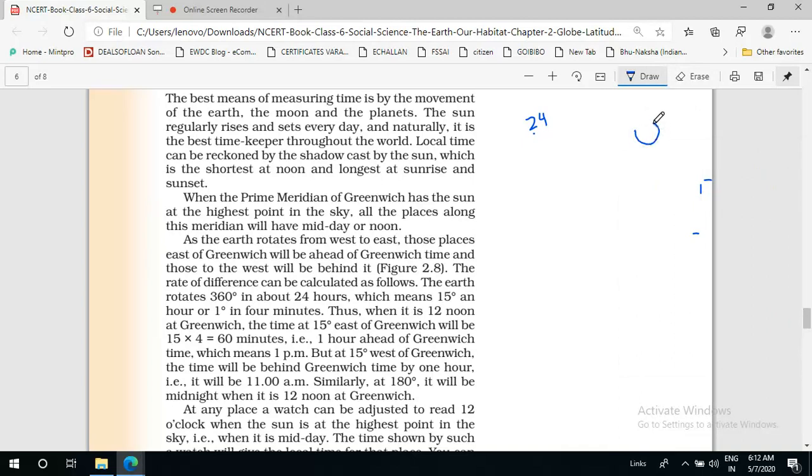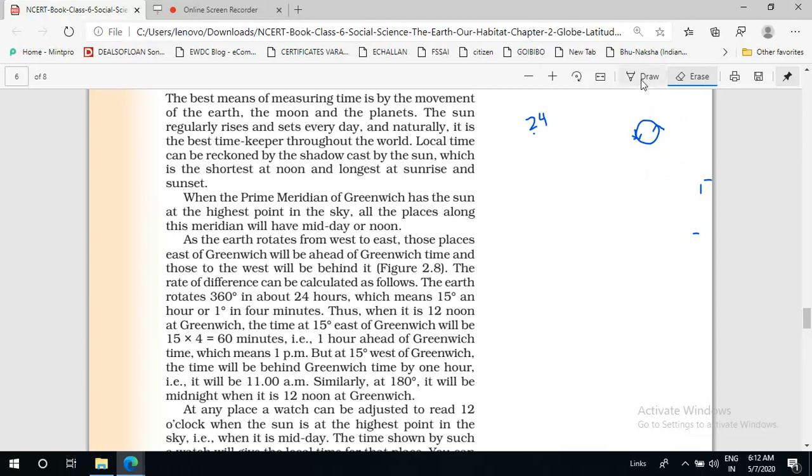Now, when the earth is moving like this, how many degrees is the earth covering? It is 360 degrees, because a circle has 360 degrees.